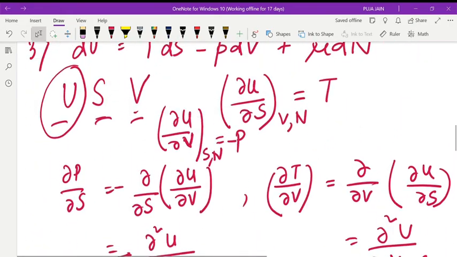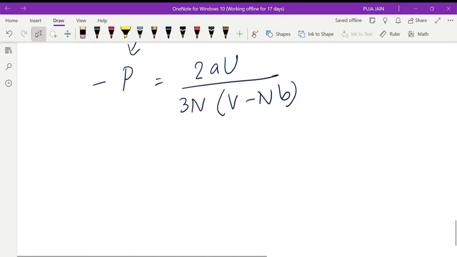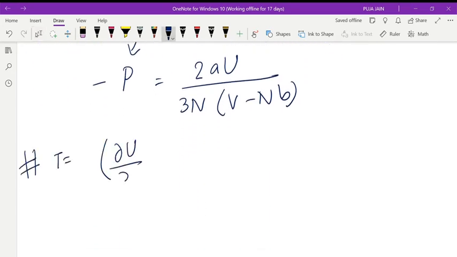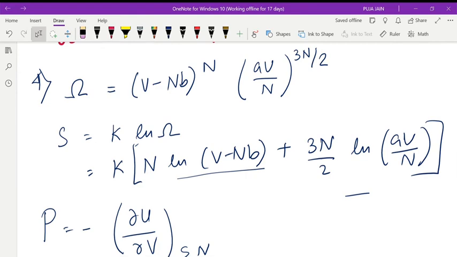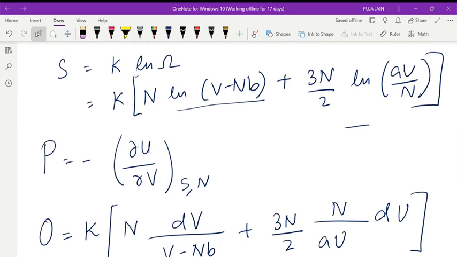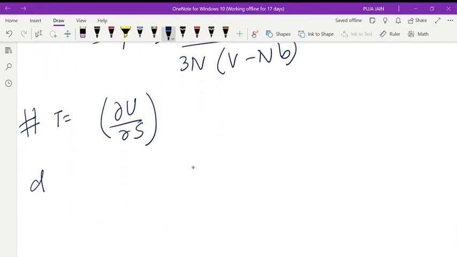So we are getting this as P. Also we know T is what? Del U del S. Also we know T is equal to del U del S. Now if we again differentiate this equation, so del U del S, V is constant, so this term will be 0. This term will be 0. This way we will differentiate, so we will get here del S, and here this first term is 0.